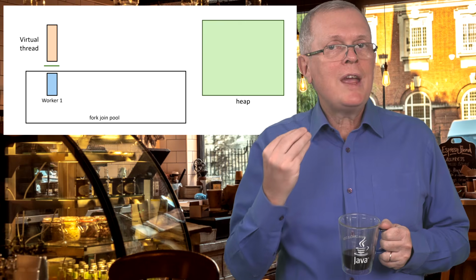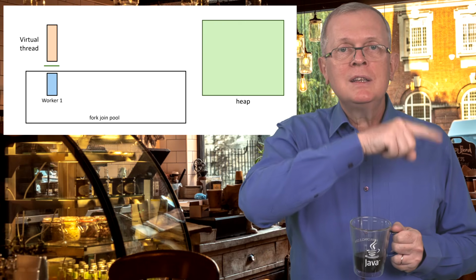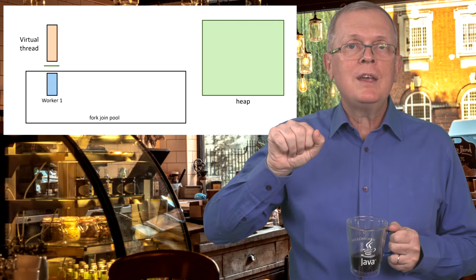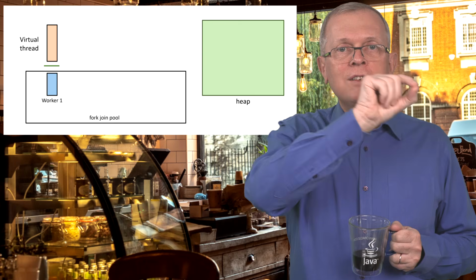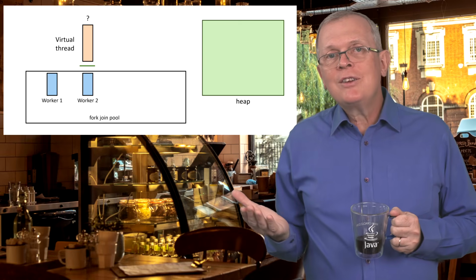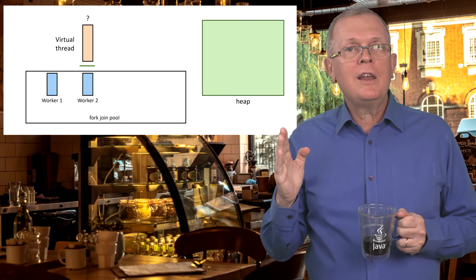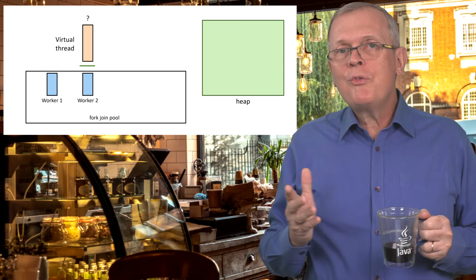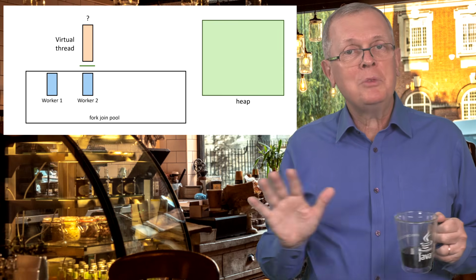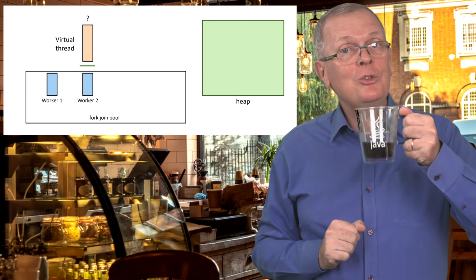Because this is the way the fork join pool is working, if this thread is busy and another thread is available, then this other thread will steal this task from the first thread. So you may observe that your task actually jumped from one platform thread to the other while it was blocked. This is how virtual threads are working under the hood. As you can see, no magic, just very smart code actually doing wonders.